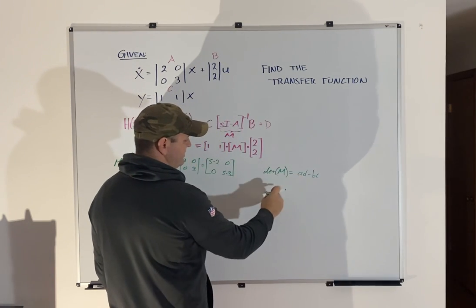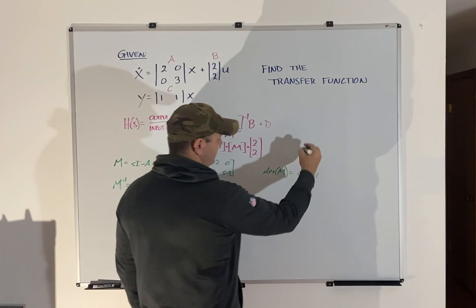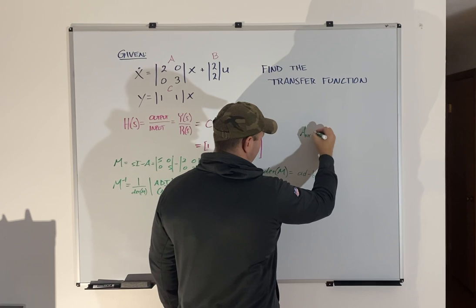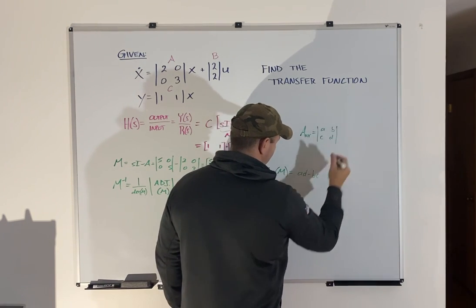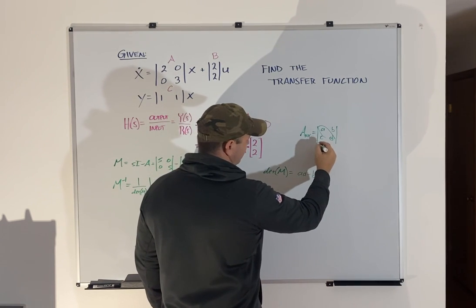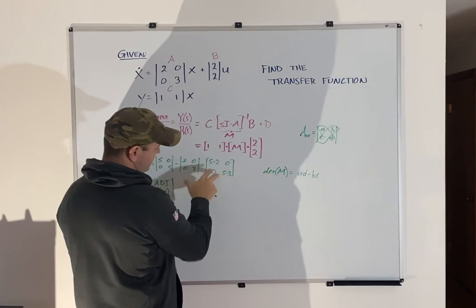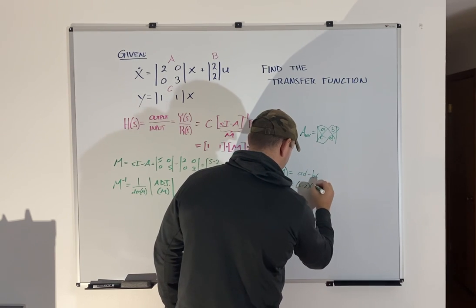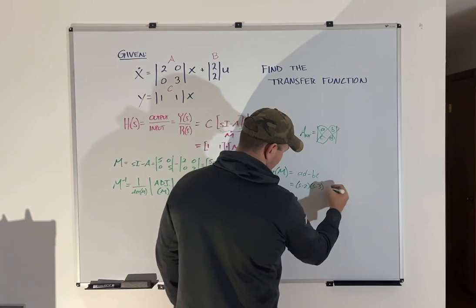The determinant of M is equal to little a times little d minus little b times little c. What do I mean by that? I mean that any 2 by 2 matrix is going to be a, b, c, d. So your determinant is those ones multiplied together minus those ones. So a and d here, s minus 2, s minus 3. So we have (s minus 2)(s minus 3), minus 0 times 0, which is 0, so nothing there.